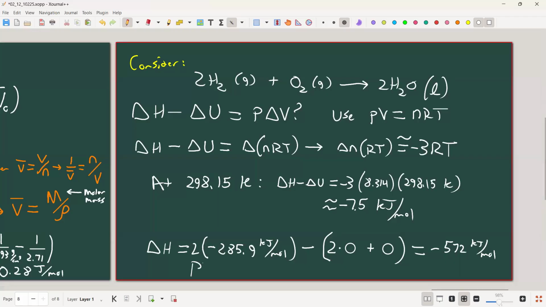So PV work constitutes about 2% of the total energy release. What that means also is that if you expect your system to release some amount of energy, like you're doing this reaction and you want your car to have so much energy to use, you're still off by 2%.